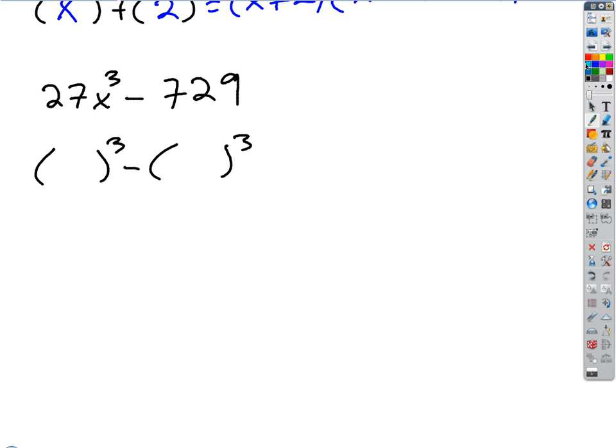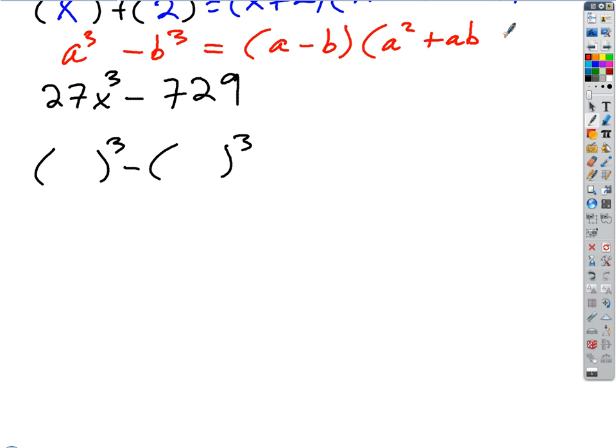Now remind me real quick, what is the difference of cubes pattern? A cubed minus b cubed equals what? A minus B times A squared plus AB plus B squared. Always end with a plus. Okay, so will this potentially work? Yes.